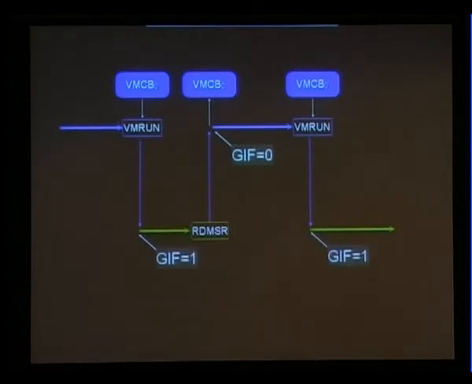There are some problems, though. It's not that trivial to implement this scheme. So in these white arrows show the places where the global interrupt flag should be modified by the CPU. This feature was new to the AMD architecture.